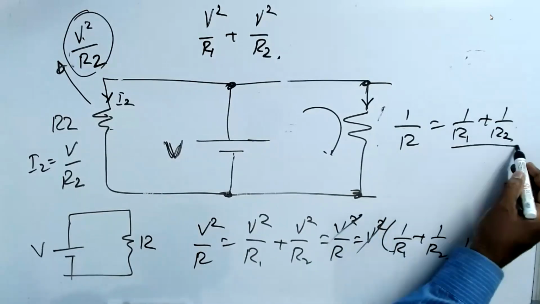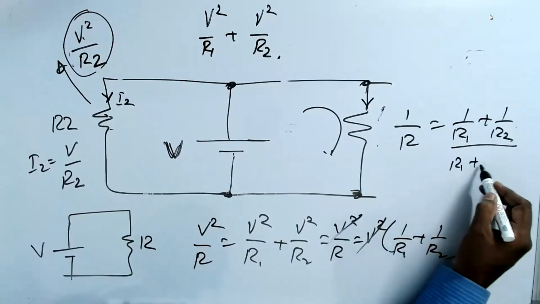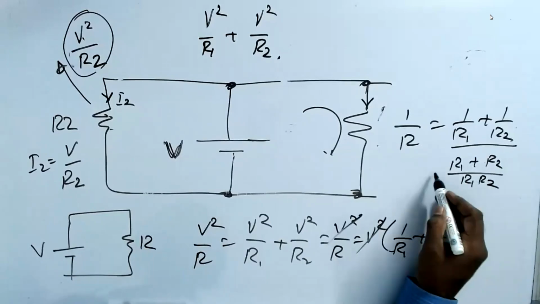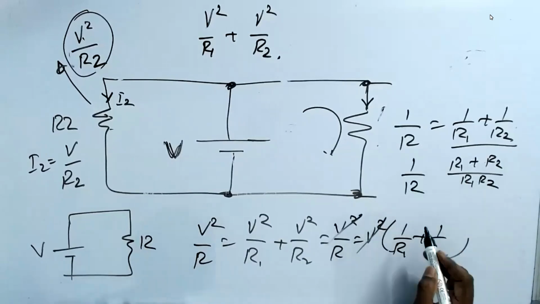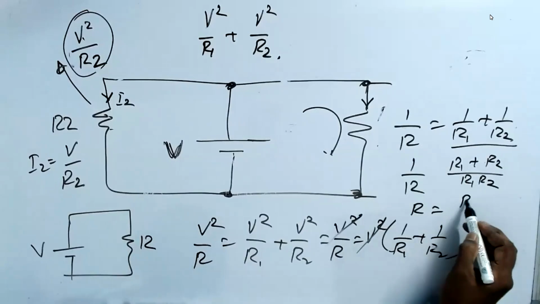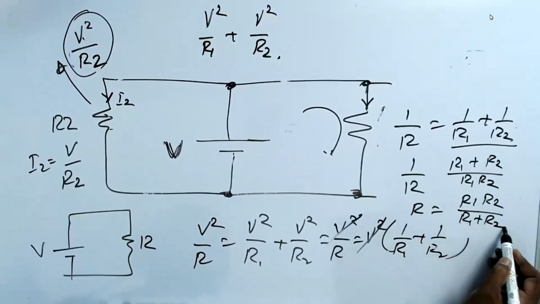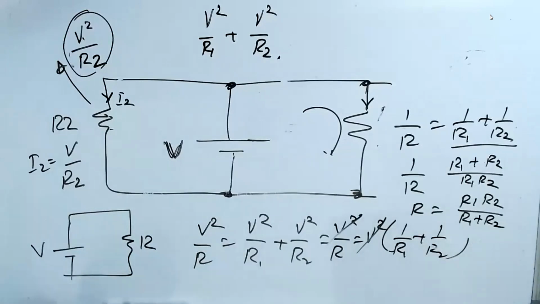If you do this, you will get R1 plus R2 by R1 R2, which is 1 by R. So R is equal to R1 R2 by R1 plus R2. That's it. This is the final one you have to remember.